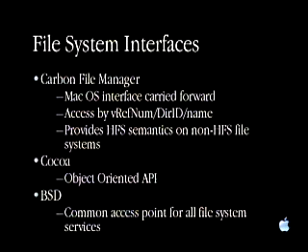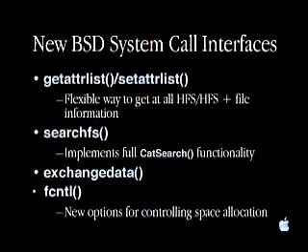We also, of course, have the Cocoa environment with an object-oriented API and some file objects that you can use. And as I mentioned, the Berkeley Unix interfaces are available and can be used by your app as well, even in a mixed environment with the other application frameworks. I want to just briefly mention a couple of the new calls that we added to the BSD layer for accessing HFS-style metadata and sorts of things that aren't typically available under Unix.